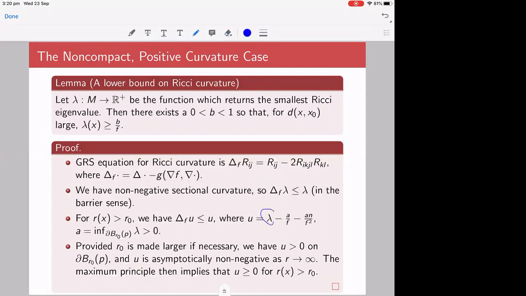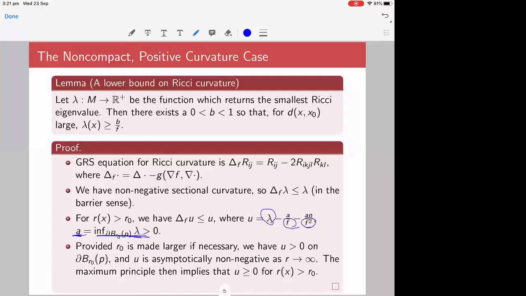We defined u to be lambda minus a divided by f minus a times n divided by f squared. Since we're insisting that a is the infimum of lambda on the boundary, and since we know that asymptotically f is getting really, really large, that means that 1 on f and 1 on f squared are both getting really, really large.